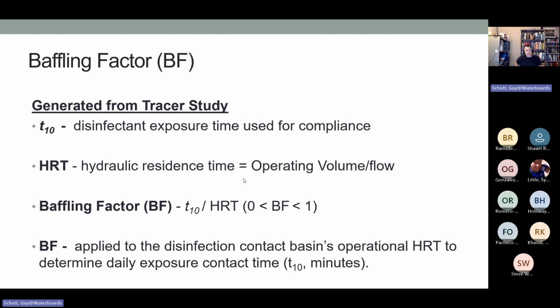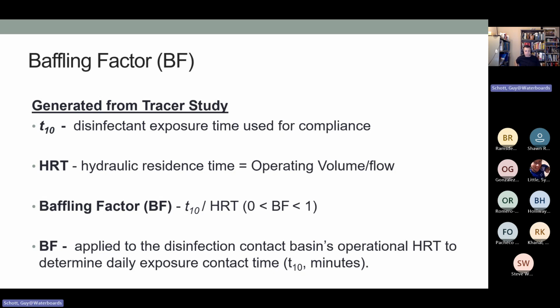Now, how do we calculate the baffling factor? We determine the exposure time, or T10 value, from the tracer study. Part of the tracer study is that we determine the hydraulic residence time, which is the operating volume of the clear well divided by the flow coming out of the clear well.